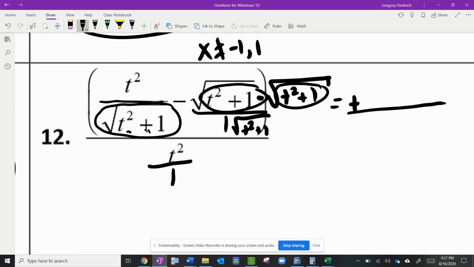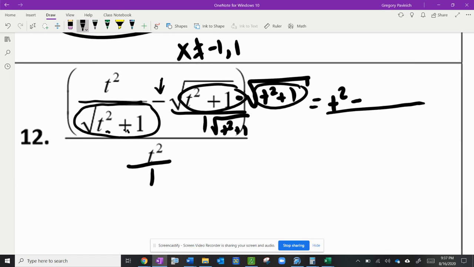So I have a t squared. This is the part where, if you don't have discipline, it's easy to make a mistake. This is a subtraction, parentheses, t squared plus 1. And then my denominator was that square root, all divided by t squared.